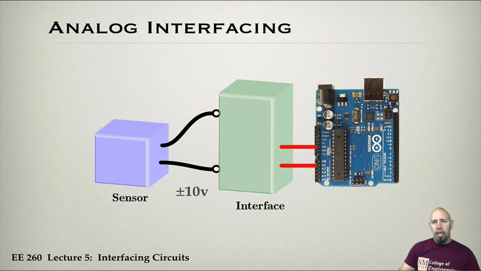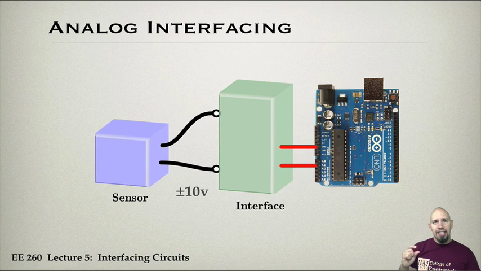capability. If you have an analog to digital converter, which our Arduino does, those are the analog inputs, and it has a range of 0 to 5 volts, and that range corresponds to a 10-bit number. So these are 10-bit analog to digital converters. Then if we only have a voltage here that is at most 2.5 volts, that's only using half of the range of the analog to digital converter.